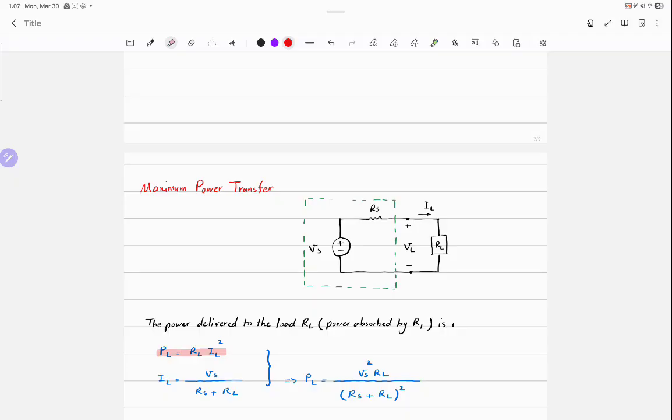The power absorbed by the resistor RL is just RL multiplied by the square of IL, okay? We had this before. And do you agree with the second equation? Based on Ohm's law, the current through the circuit is equal to the voltage Vs divided by the combination of resistors. Let's combine this together and you will get to this equation.